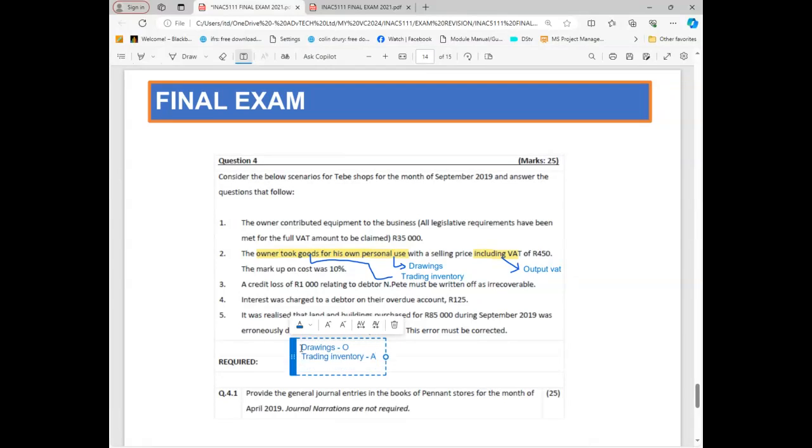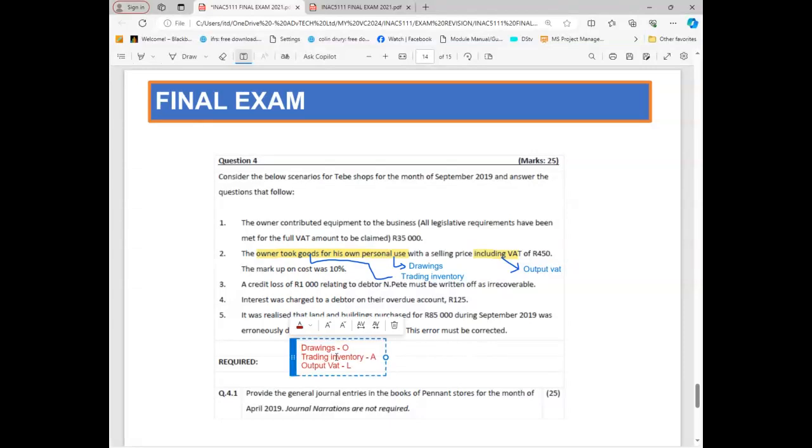The third one is output VAT, which is always a liability. This is very much important. These are the accounts which we identified for this.